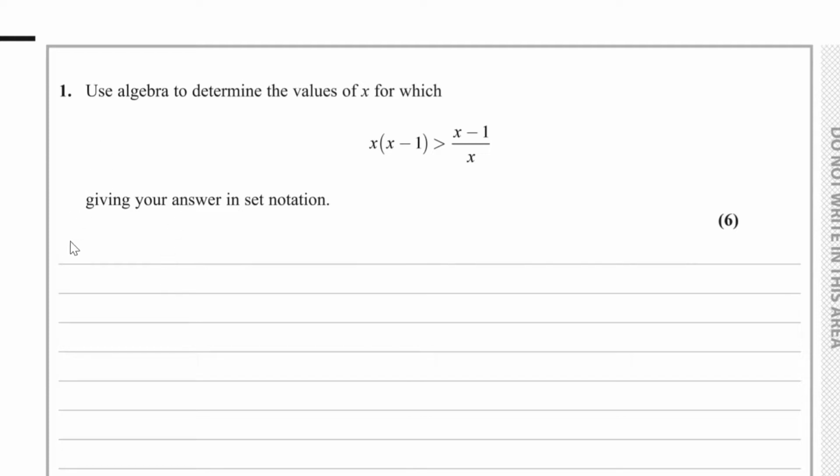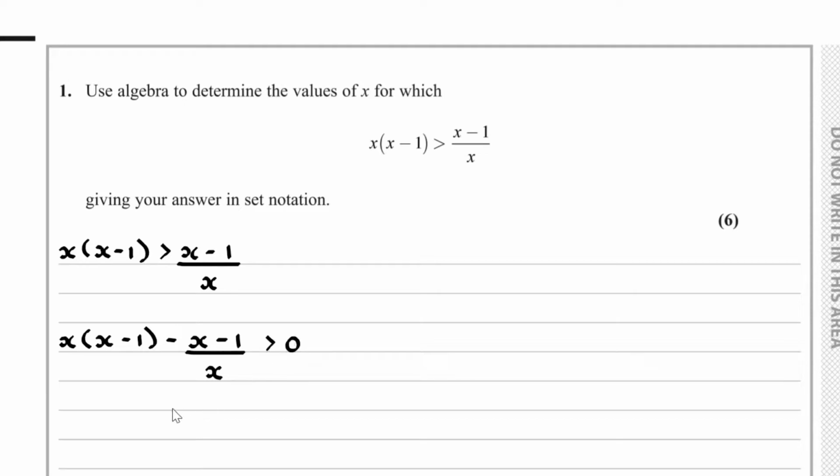We begin with x lots of x minus 1 being greater than x minus 1 over x. And if we rearrange, we would end up with x lots of x minus 1 minus x minus 1 over x being greater than 0.